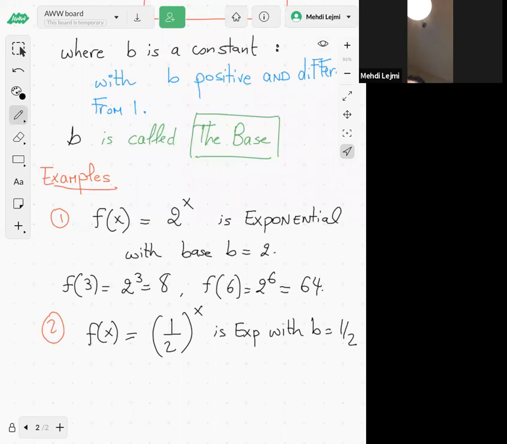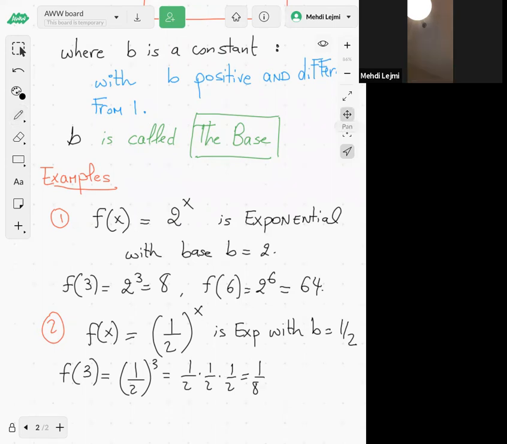So for example, if we want to find f of 3, it would be half to the power 3, or cube. Because of the parentheses, this is half times half times half, so that will be 1/8. That's f of 3.